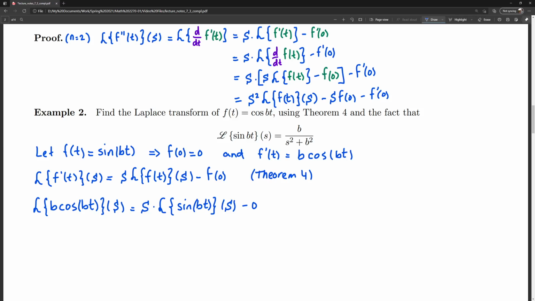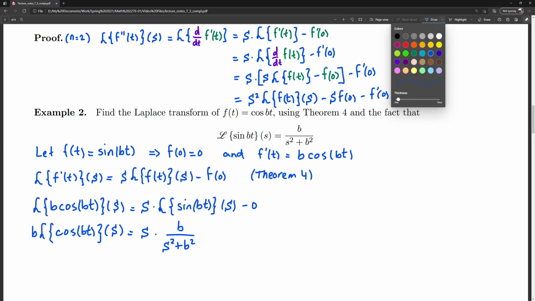Now we can pull that constant b outside because of the linearity of the Laplace transform. And so that's b times the Laplace transform of cosine of bt, equal to s times the Laplace transform of sine bt, which is given over here. So that's b over s squared plus b squared. And then we're asked to find the Laplace transform of this.